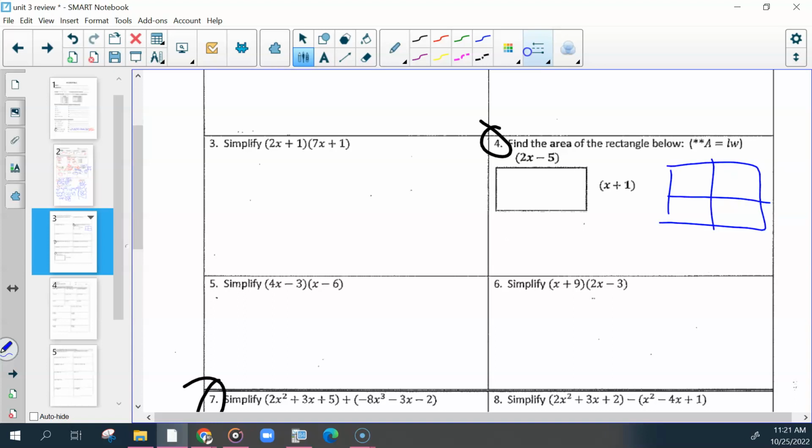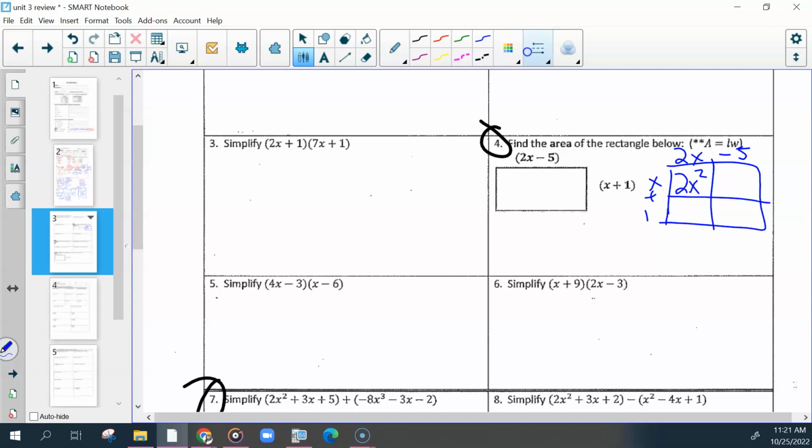Does not matter if you put this up here or on the side. You're multiplying each term together in each of the boxes. You're multiplying like bases, you're adding the exponents. So 2x times x would give us 2x squared.